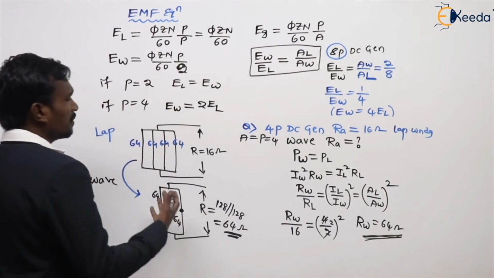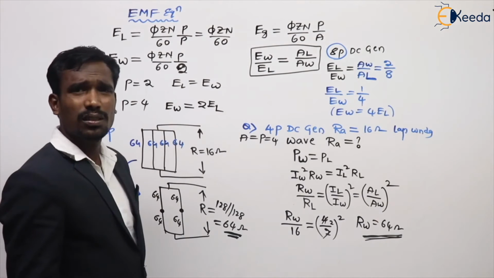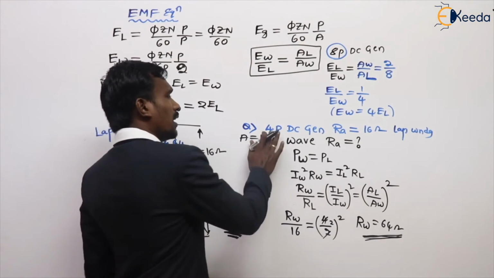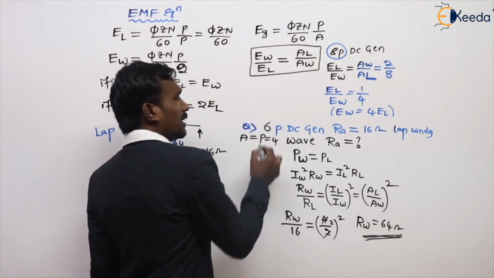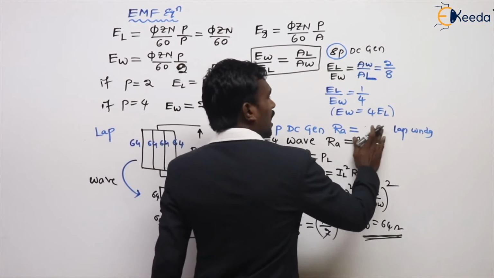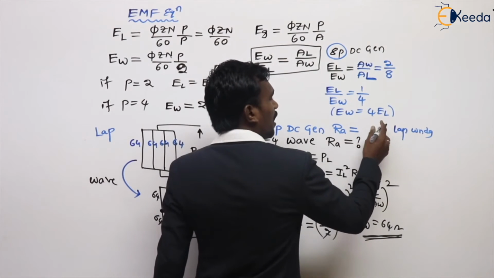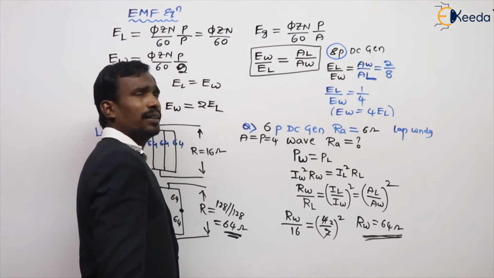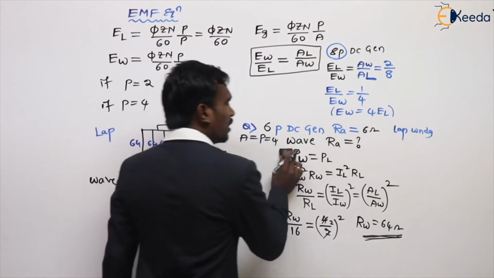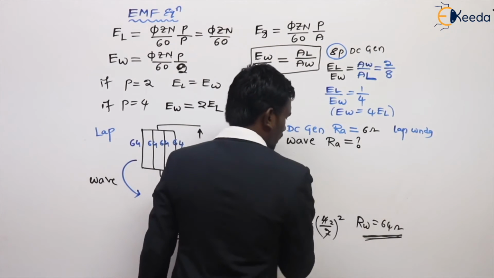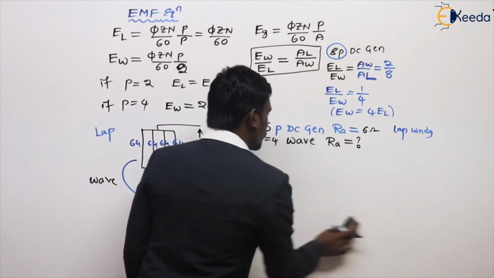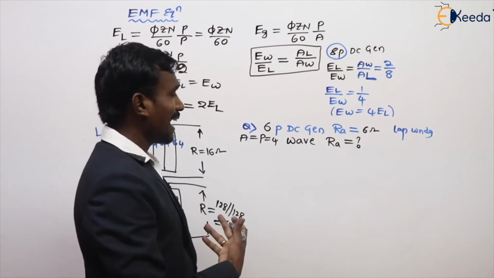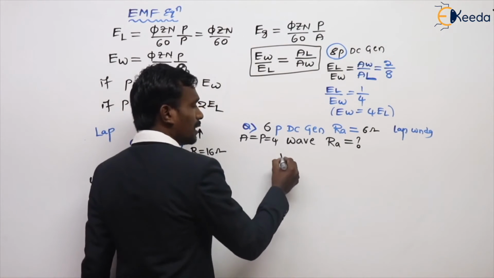So like this they will ask you questions. Let's do another question. A 6-pole DC generator having an armature resistance of 6 ohms, for example, in lap winding. What is the armature resistance in wave winding? Like that they will ask you a question. Can you tell me the formula?